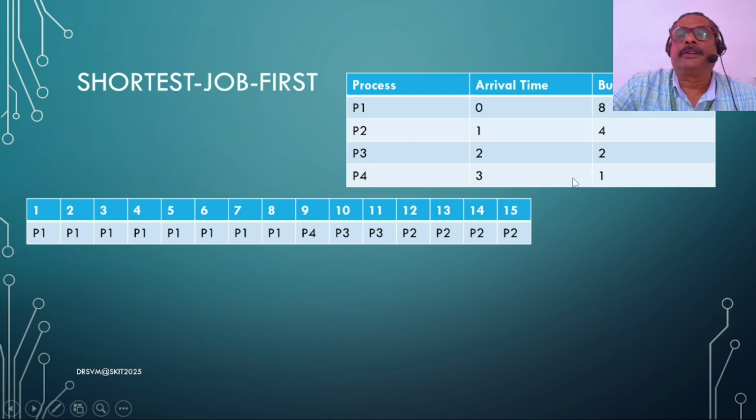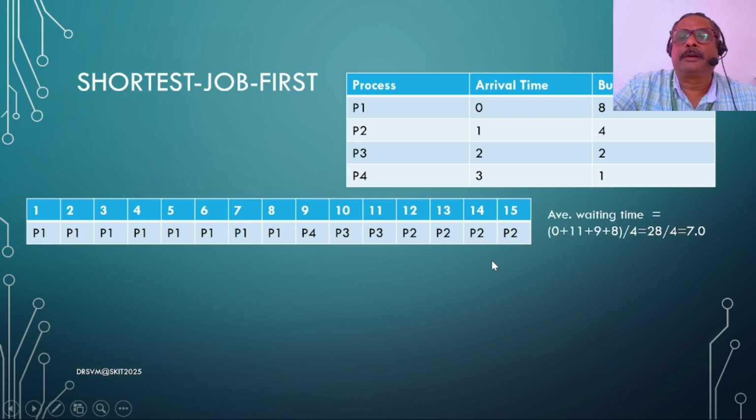The shortest job first checks the burst times and realizes P4 has the smallest burst time, so the next job allotted is P4. We are left with P2 and P3 in the ready list, and P2 requires 4 units while P3 requires 2 units, so P3 gets the chance: 2 units of time are reserved for P3, and the next 4 units for P2. So that's how things happen.